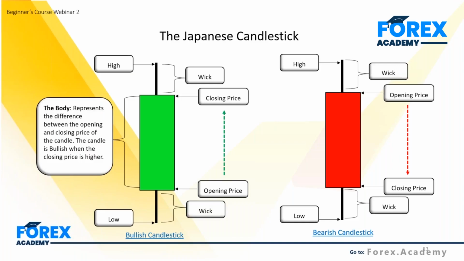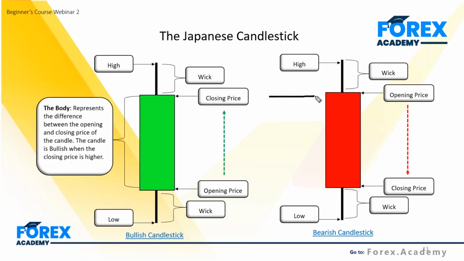So let's use our bearish candlestick for example. Where did we start, guys? We start with the opening price here. At any given point there is volatility in this market. Let's say this could be the course of the day.